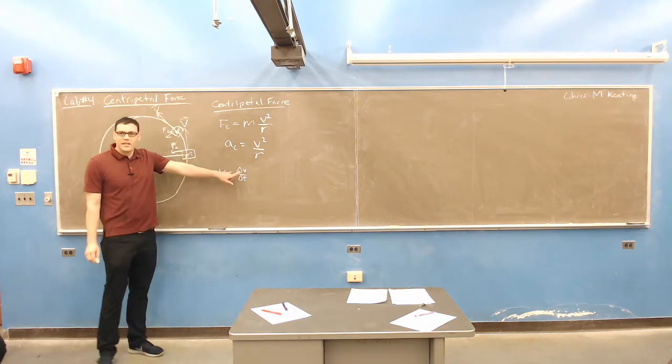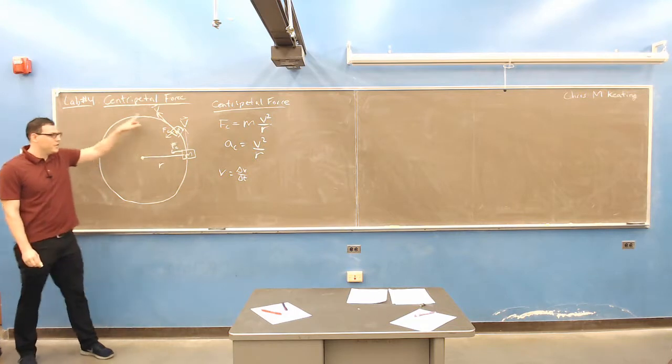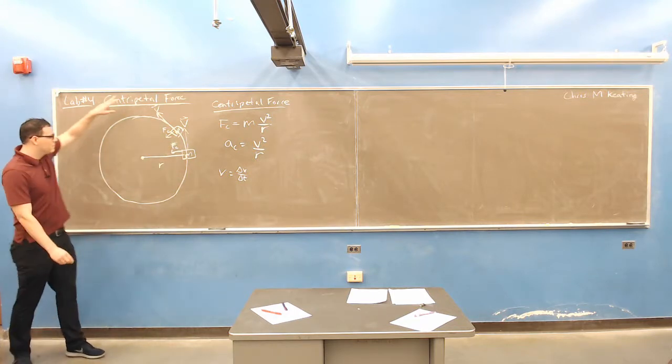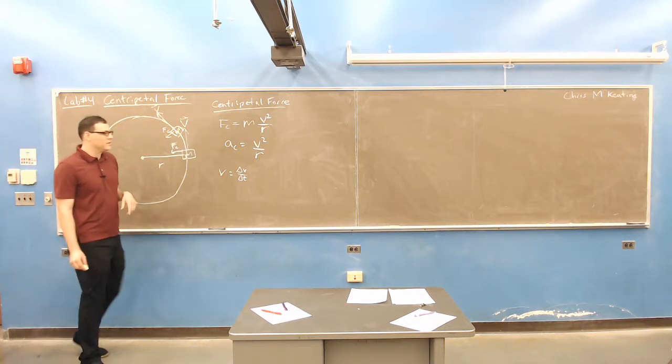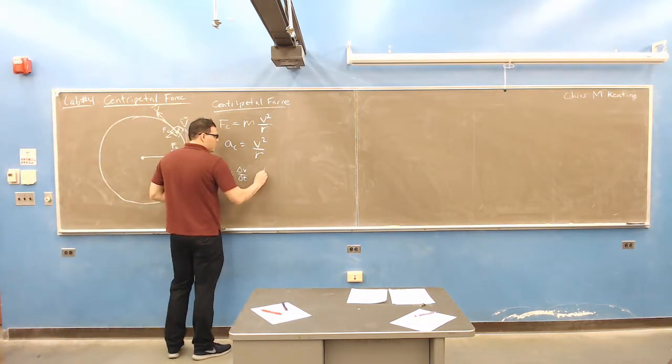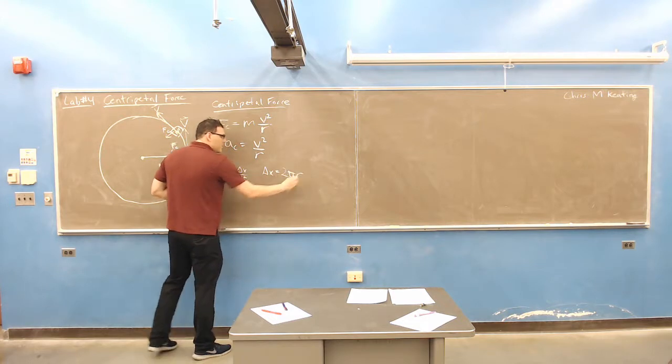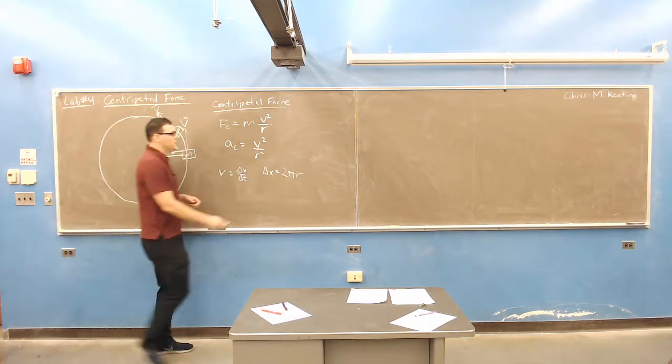And what is the change in x here? How much is x changing? Well, for one revolution, it's one circumference of the circle. So delta x would be 2 pi r, the circumference of the circle.